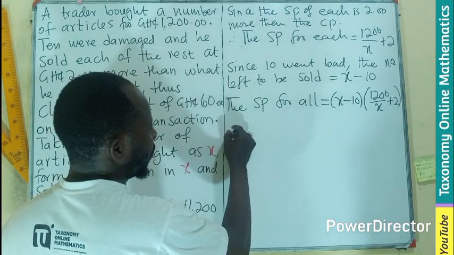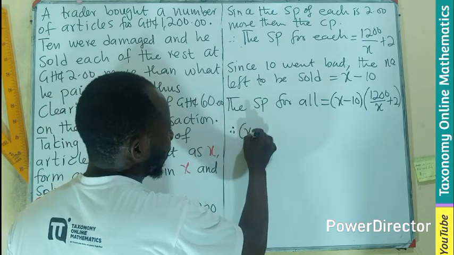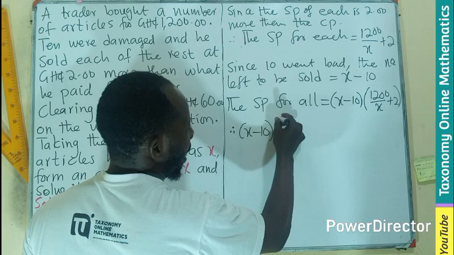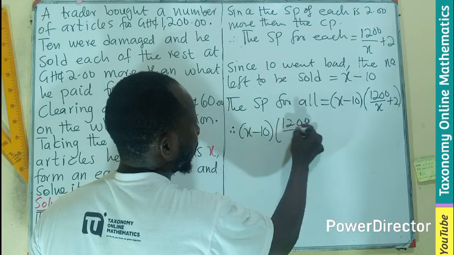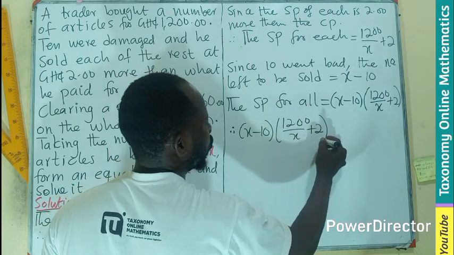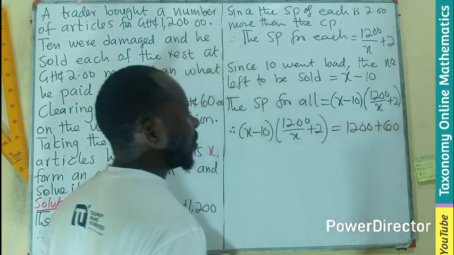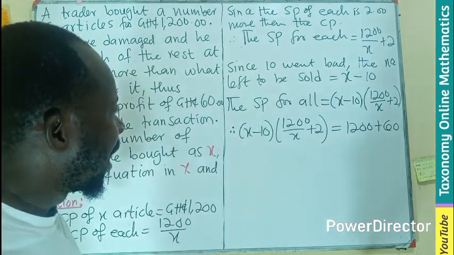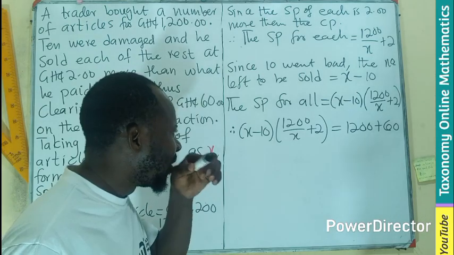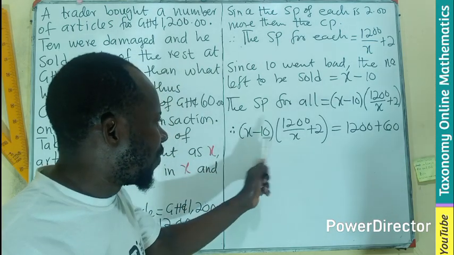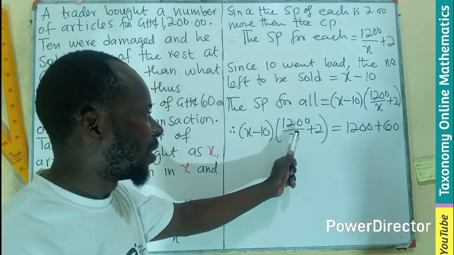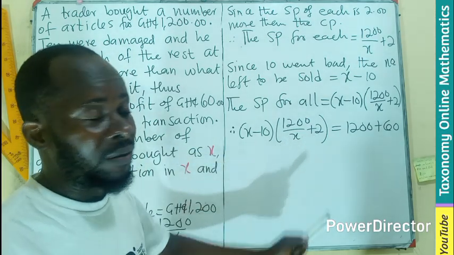So let's say, therefore, (x - 10) times 1200 over (x + 2) equals 1200 plus what? 60, all in Ghana cedis. But because of space, let's maintain that. We are having brackets here. This is a fraction, and this can also be taken as a fraction.